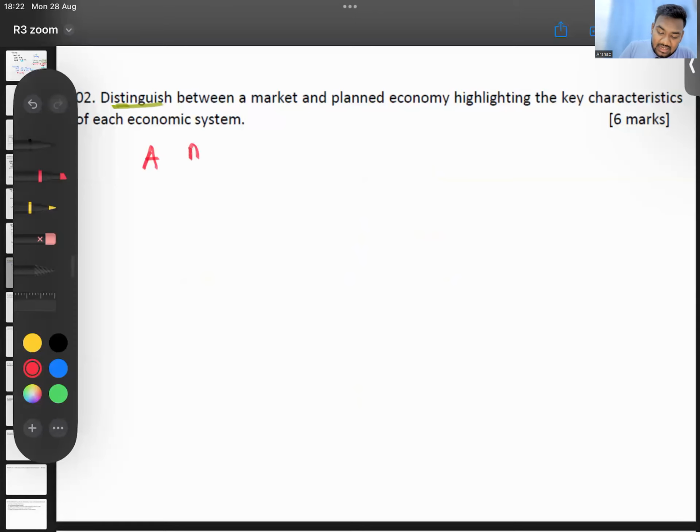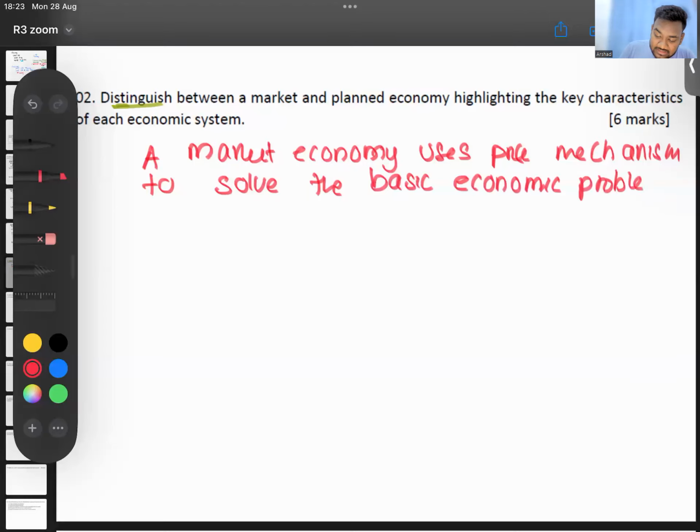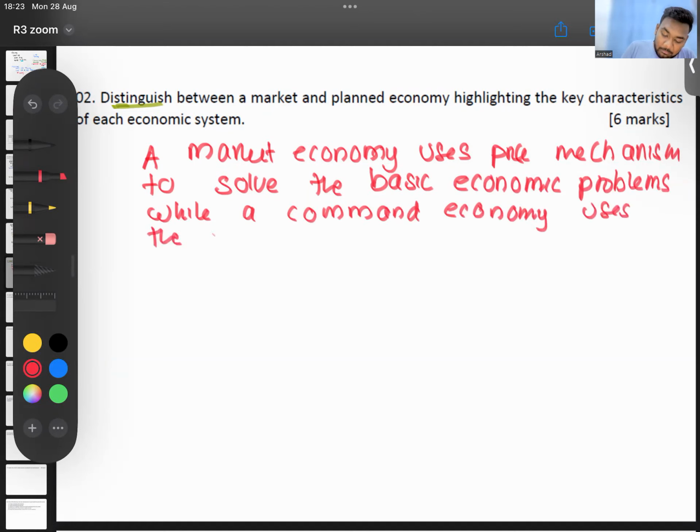You can say a market economy uses price mechanism to solve the basic economic problems, while a command economy, or we can say a planned economy, uses the planning mechanism.